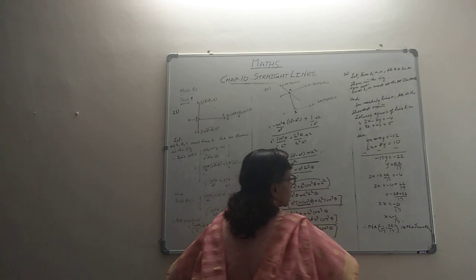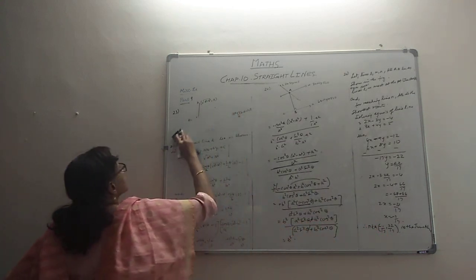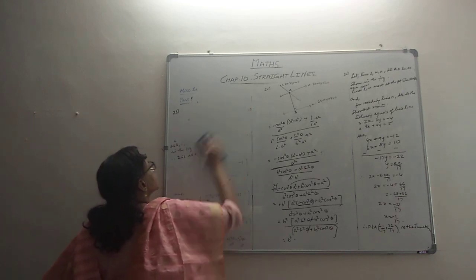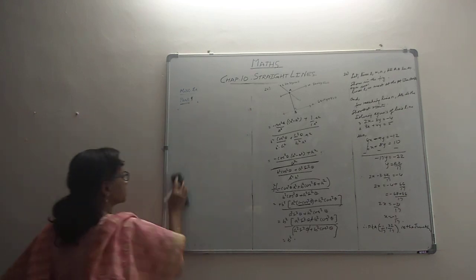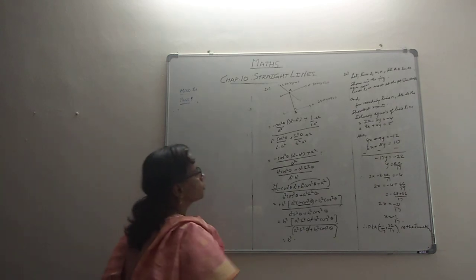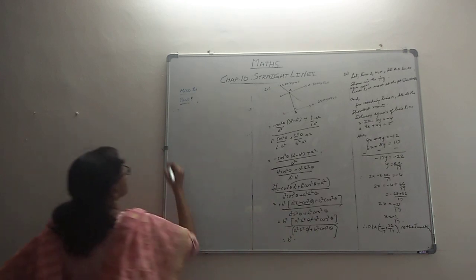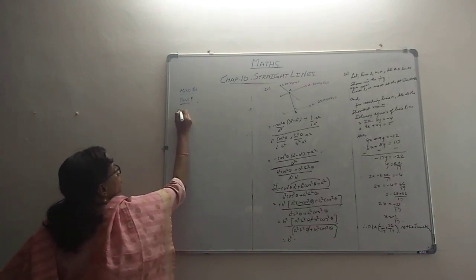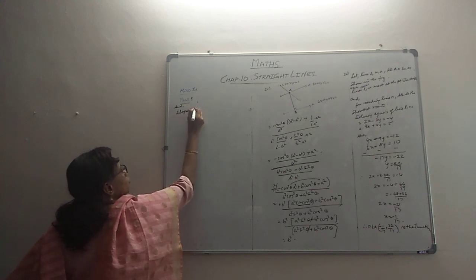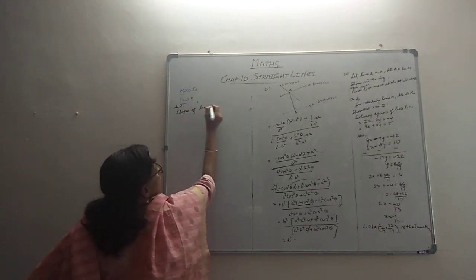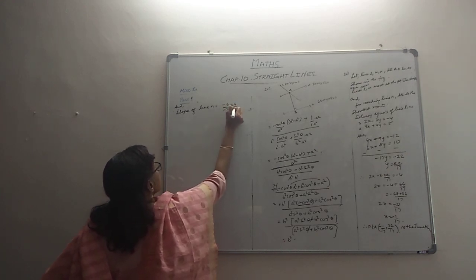Yeah. Now we have to find out the equation of AB. So for the equation of AB, already you have got the point A. Now it's enough if you get the slope. So slope of line N is minus a by b, minus 6 by minus 7, 6 by 7.